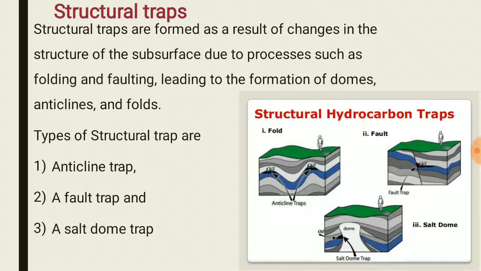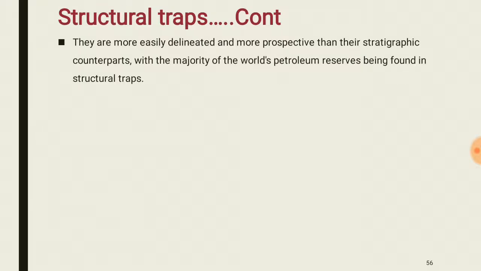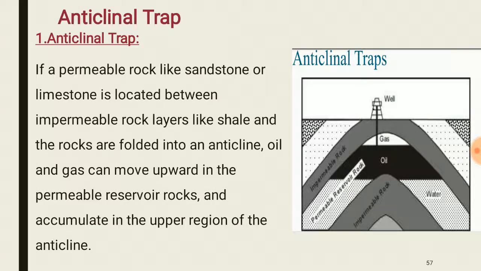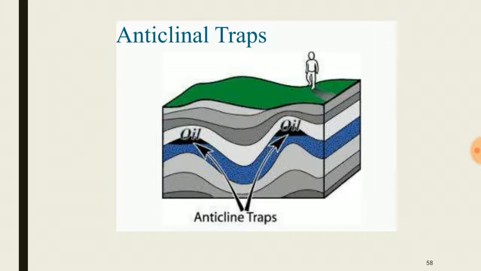These are the types of structural trap. For the anticline, as I've explained to you, it's like this structure. This is the anticline trap. So all these are just samples of traps in the structure.